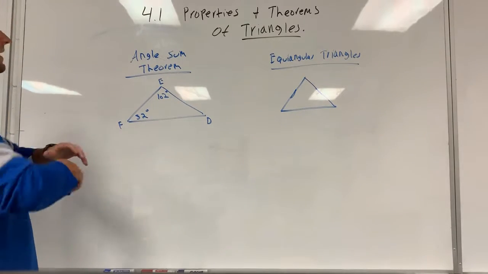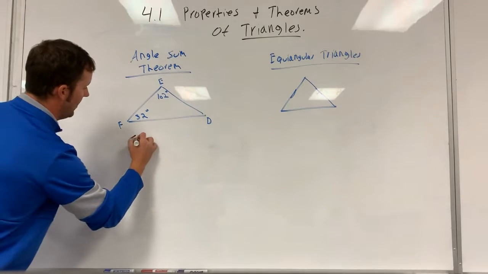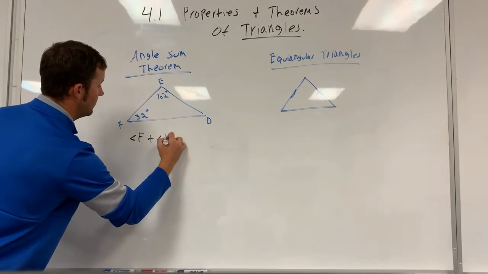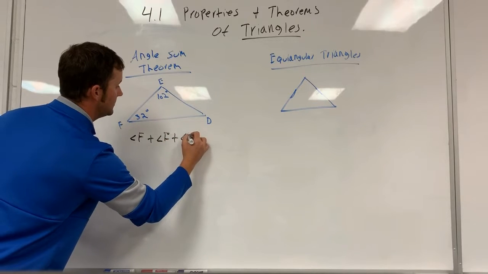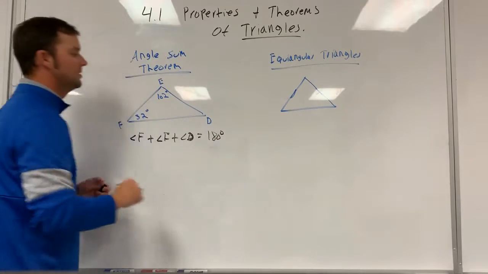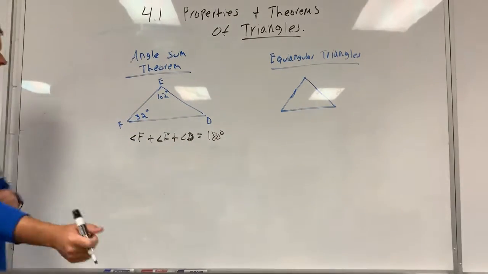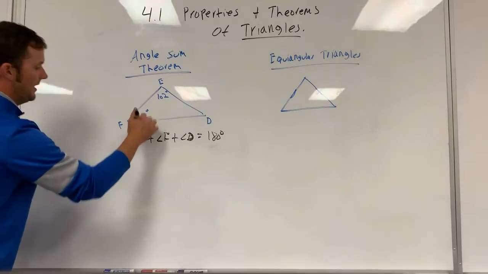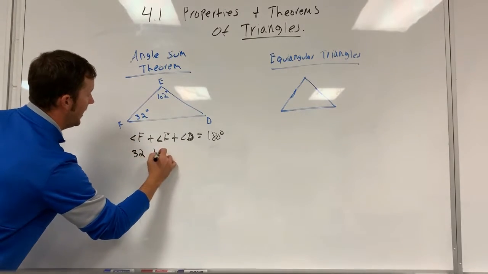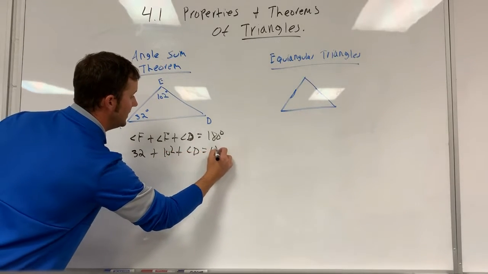So I know that anytime I have a triangle, all of these angles, angle F plus angle E plus angle D, are all going to add up to 180 degrees no matter what. If it's a triangle, all the angles always add up to 180 degrees. So angle F right here is 32, angle E right here is 102, and I need to solve for angle D here.